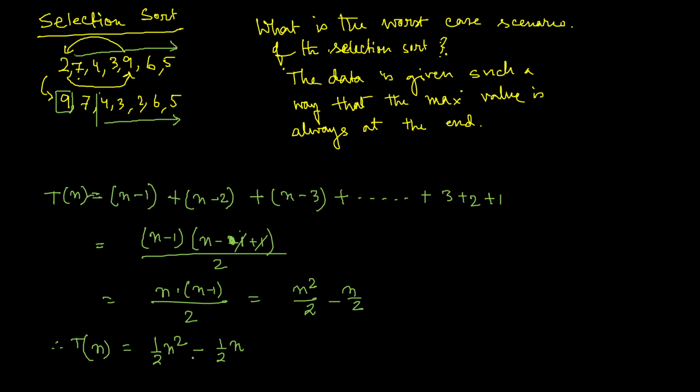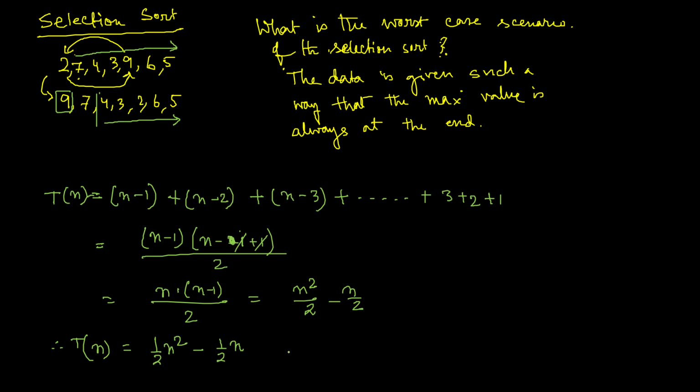But when you think of n equal to 10 to the power 19, with respect to n square, this n doesn't have any significance. Whether it is a plus or minus doesn't matter. We can ignore the term with the lower value of the power.